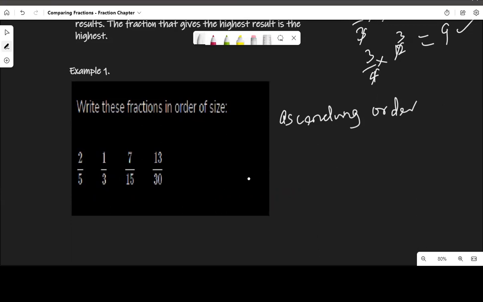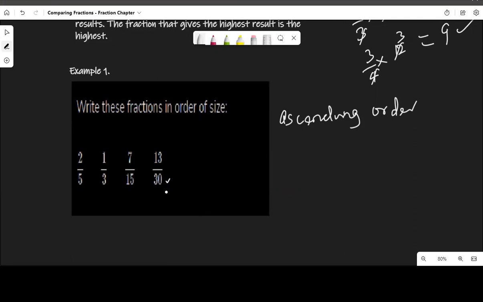So for the first method, if you look at all these denominators here, 5, 3, 15, and 30, 30 is the lowest common multiple of all of these numbers. So I will try and express these fractions to have a common denominator of 30. For 2 over 5, what do I need to multiply 5 by to give me 30?